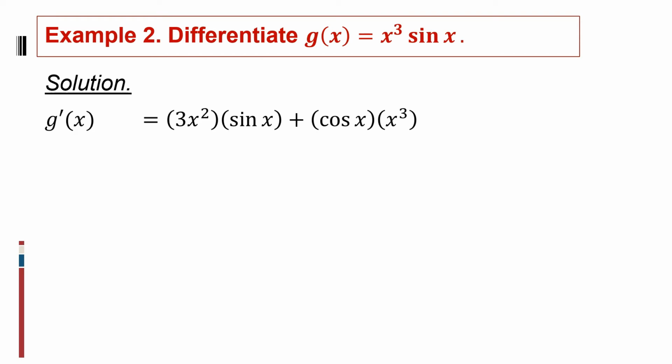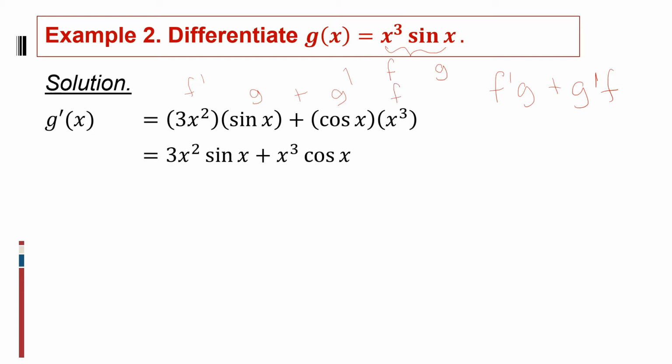So since we have a product here, gagamitin natin yung fig plus GIF. So we have here our f, x cubed, and sine x as our g. So using our fig plus GIF, we have derivative of f is 3x squared times g plus the derivative of g is cosine x, and we have f which is x cubed.